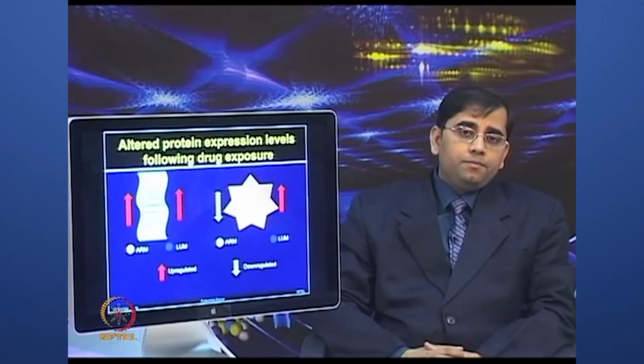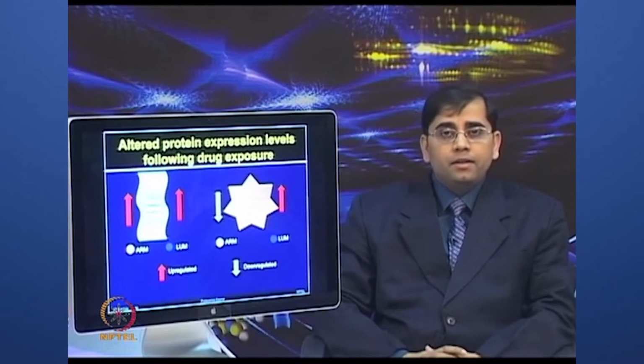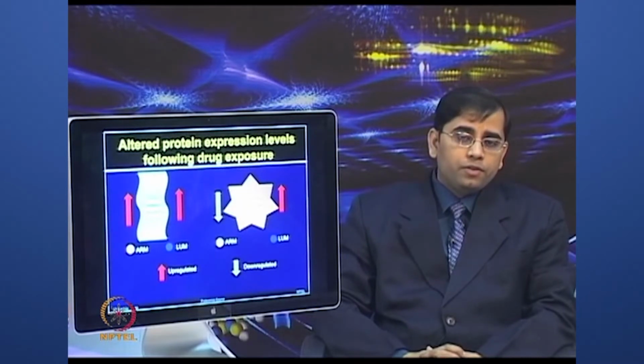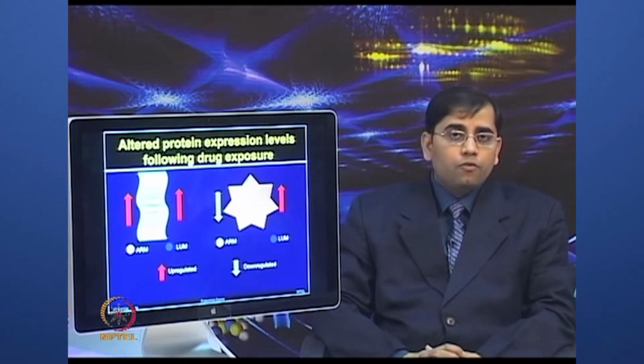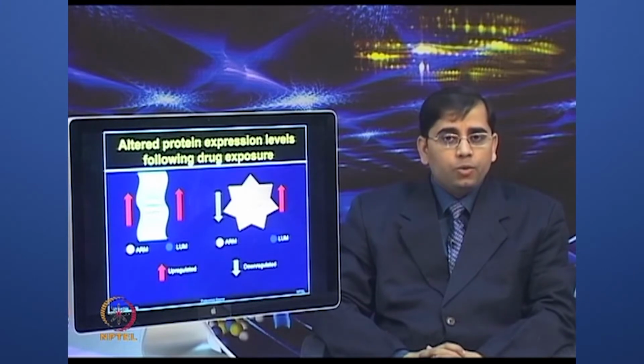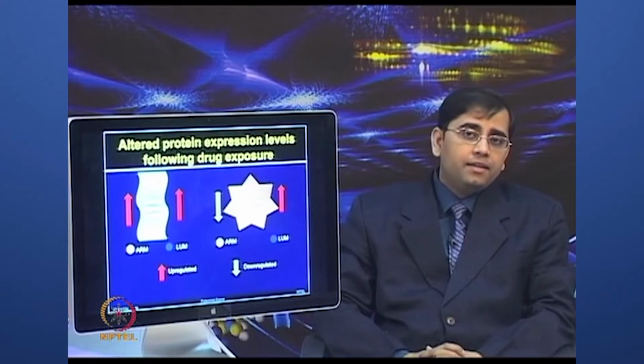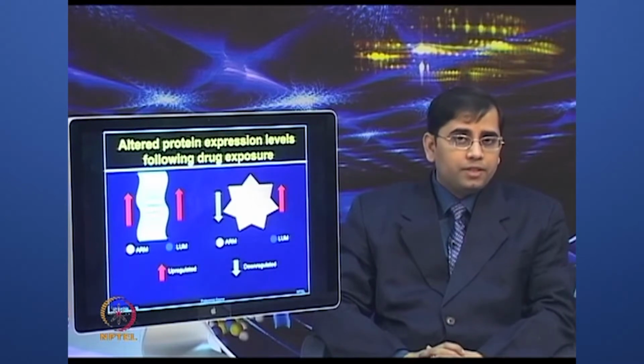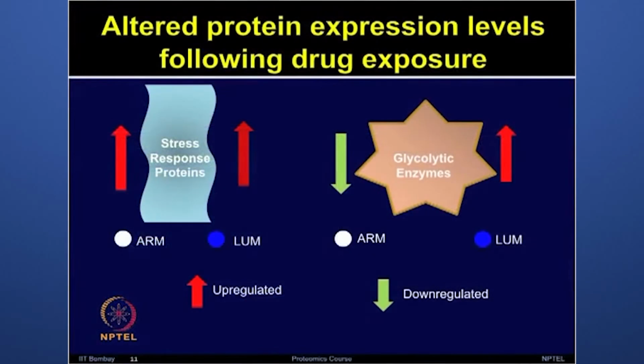So, interestingly, the ARM treatment resulted in more than threefold downregulation of the glycolytic enzymes such as enolase, phosphoglycerate kinase, fructose bisphosphate aldolase and glyceraldehyde 3-phosphate dehydrogenase. The expression of the same enzymes was also upregulated more than threefold due to the lumefantrine treatment.